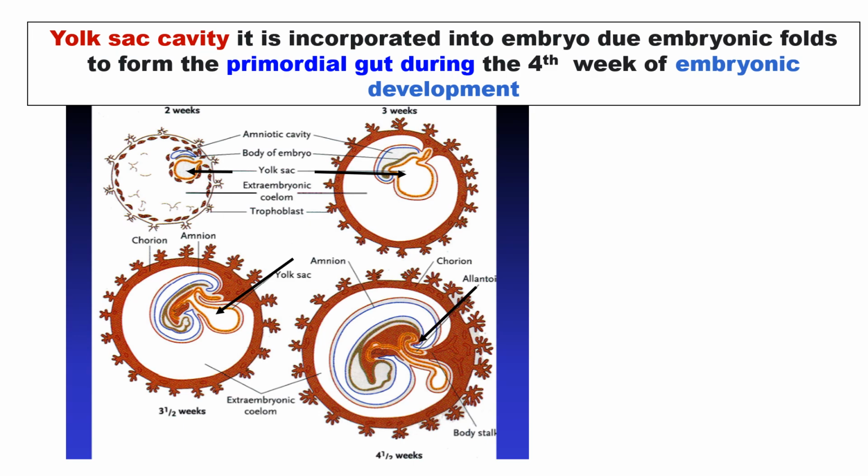The yolk sac cavity is incorporated into the embryo due to the embryonic folds to form the primordial gut during the third week of embryonic life.